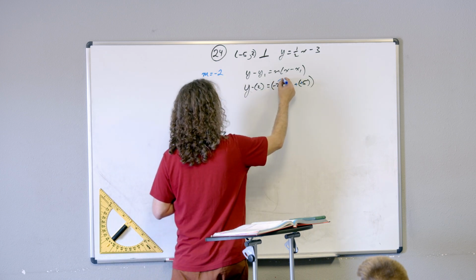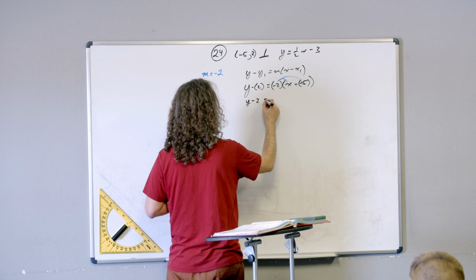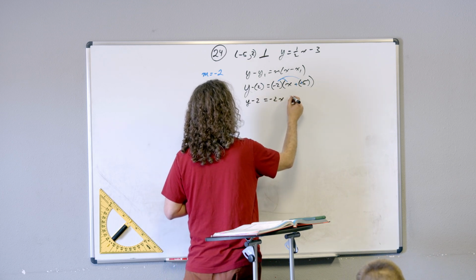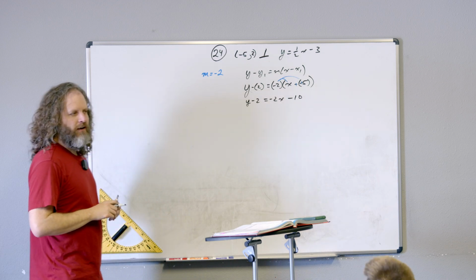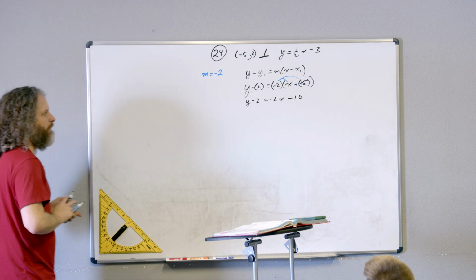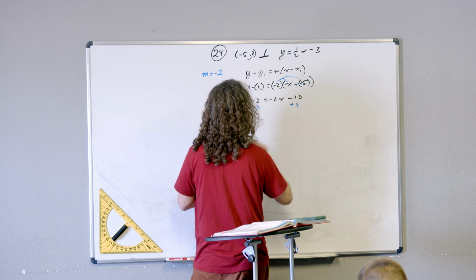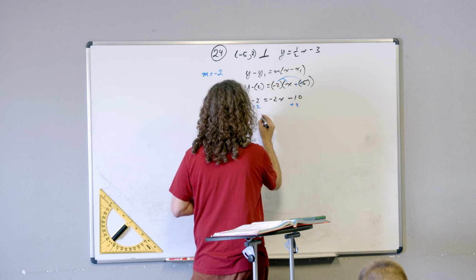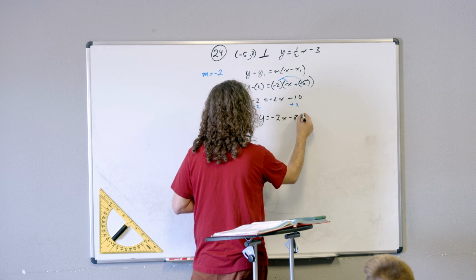Distribute. So y minus 2 equals negative 2x minus 10, right? Negative 2 times positive 5. Now what? Add 2. So the answer is y equals negative 2x minus 8.